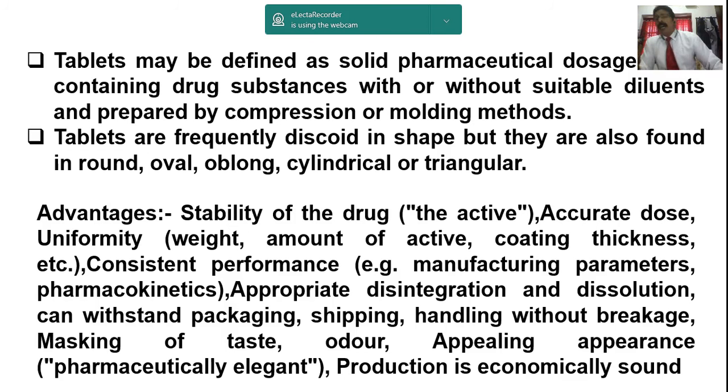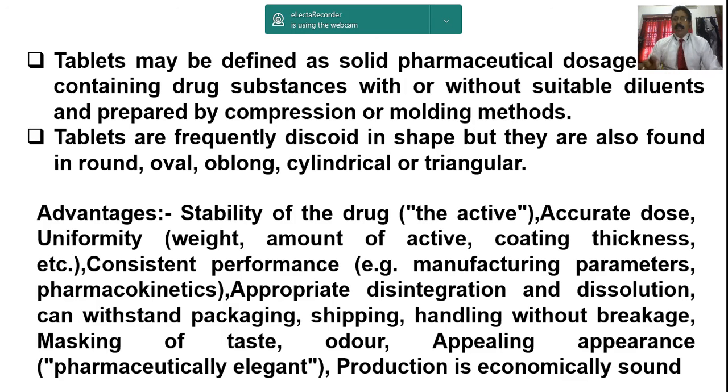So now we have many compression methods, and so we are giving an option in the definition. Tablets may be defined as a solid pharmaceutical dosage form, you can even say a unit dosage form, containing drug substances with or without suitable diluents, and prepared by compression or molding methods.